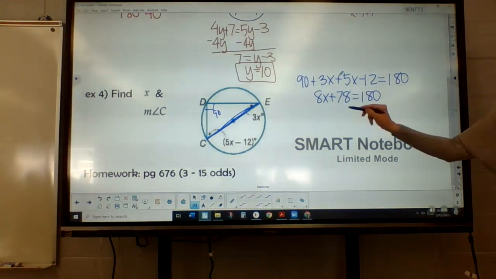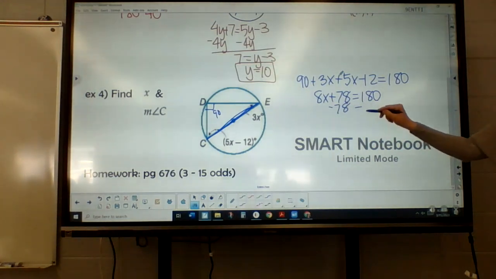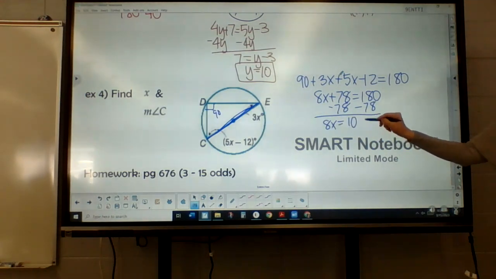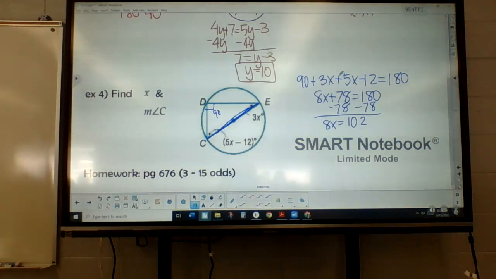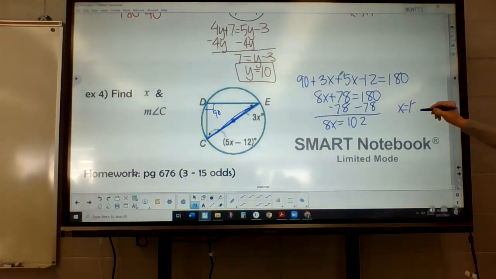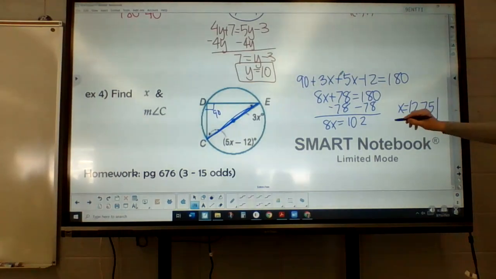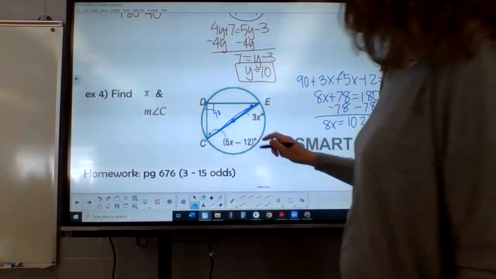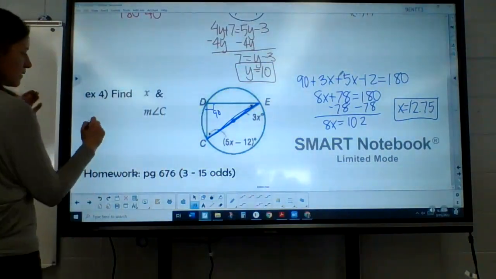I'm going to move this 78 over. And then I'm going to divide by 8, and I'm going to get a decimal for my x. So 12.75 is going to be my x. And then I'm going to substitute that back in to find my c.